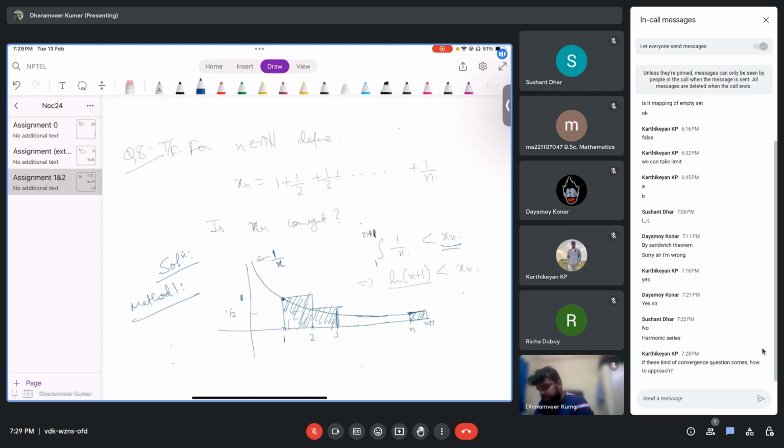Because you don't know any method to sum this up, right? There's no very good formula for harmonics or a very simple method.